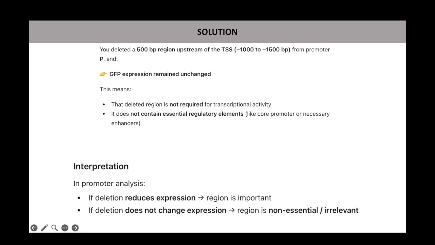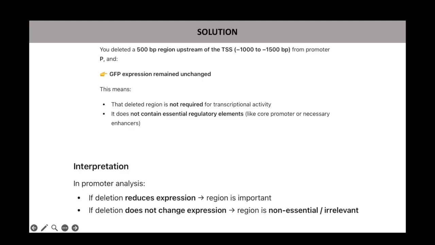So the correct interpretation from this experiment, while doing promoter analysis, is this: if the deletion of a particular fragment of the promoter reduces the expression, then that fragment is working as an activator, or if it increases expression, as a repressor, but that region is important because it is changing the expression, either reducing or increasing, in both cases.